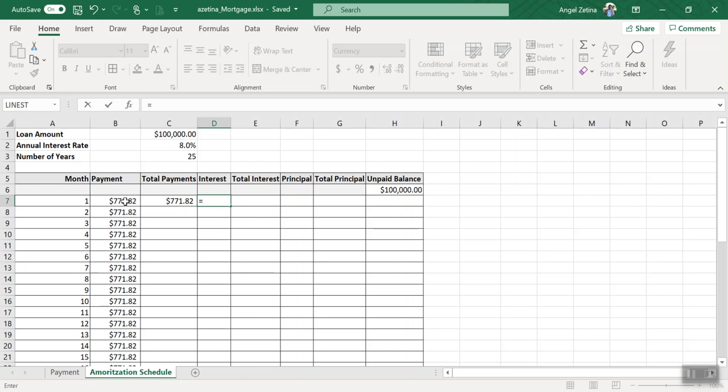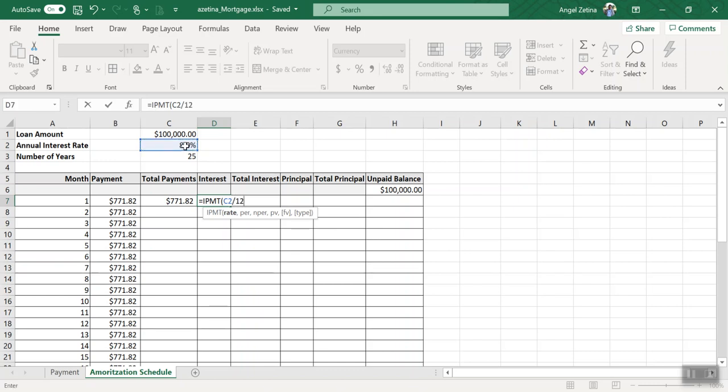So equals IPMT, right? If we read the hint, it says returns the interest payment for a given period of an investment based on the periodic constant payments and constant interest rate. So let's select the correct information. We're going to select C2, which is the interest rate divided by 12.